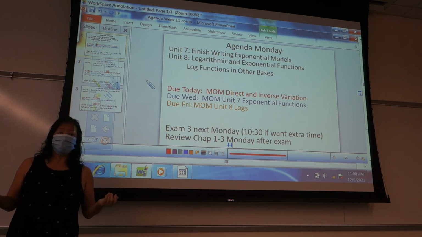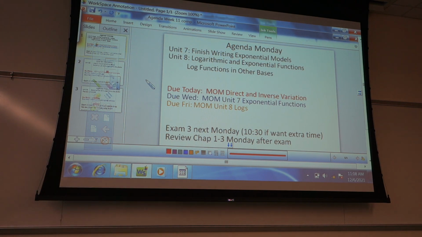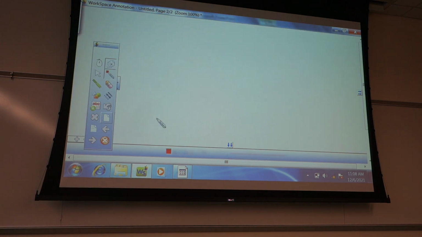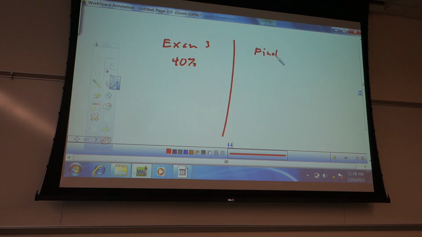So say you got a 40% on exam 3, and then on the final, you got a 70%. Well, let's make it easier, we'll make it 80, because that's an easier number to round. So I'll change this to 60%, because 40 averaged with 80 is 60. And then obviously I'll leave the final at 80%.